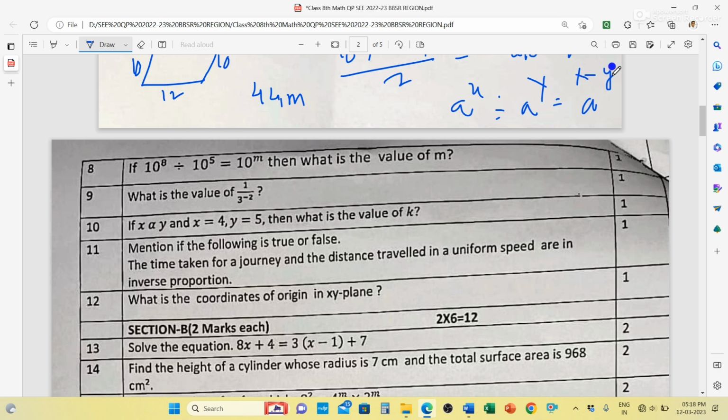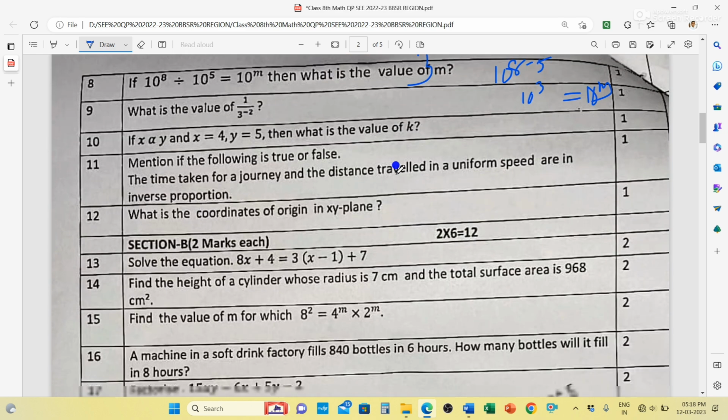There was a formula. So here it will be 10 to the power 8 minus 5. That means 10 to the power 3 equal to 10 to the power m. That means m equal to 3.